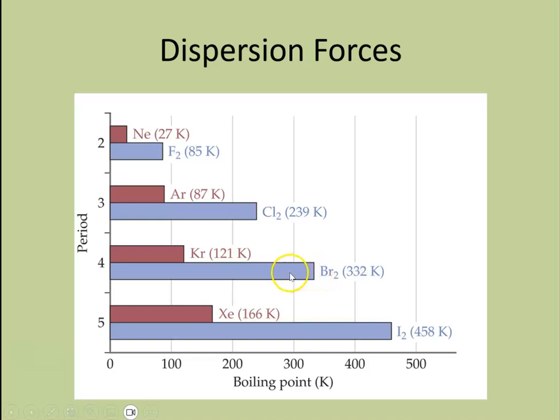And so bromine is a liquid at room temperature, and iodine, which boils at 458 kelvins, nearly 200 degrees Celsius, is actually a solid at room temperature. So this is just making the point that as the molar mass goes up, the size of the electron cloud goes up, the polarizability or distortability of the electron cloud goes up, and the strength of the intermolecular forces goes up.